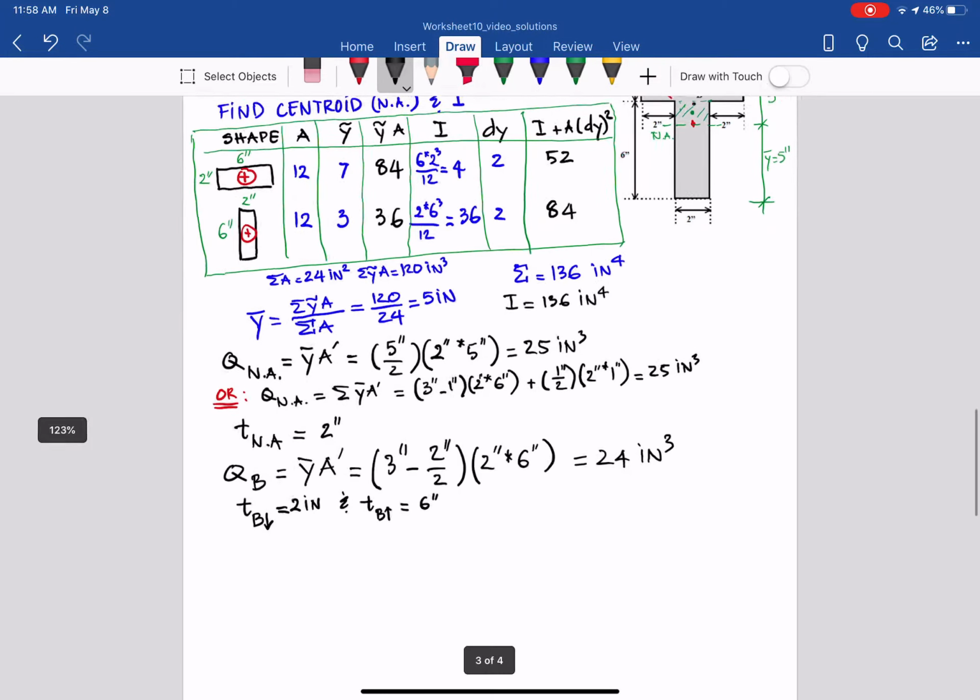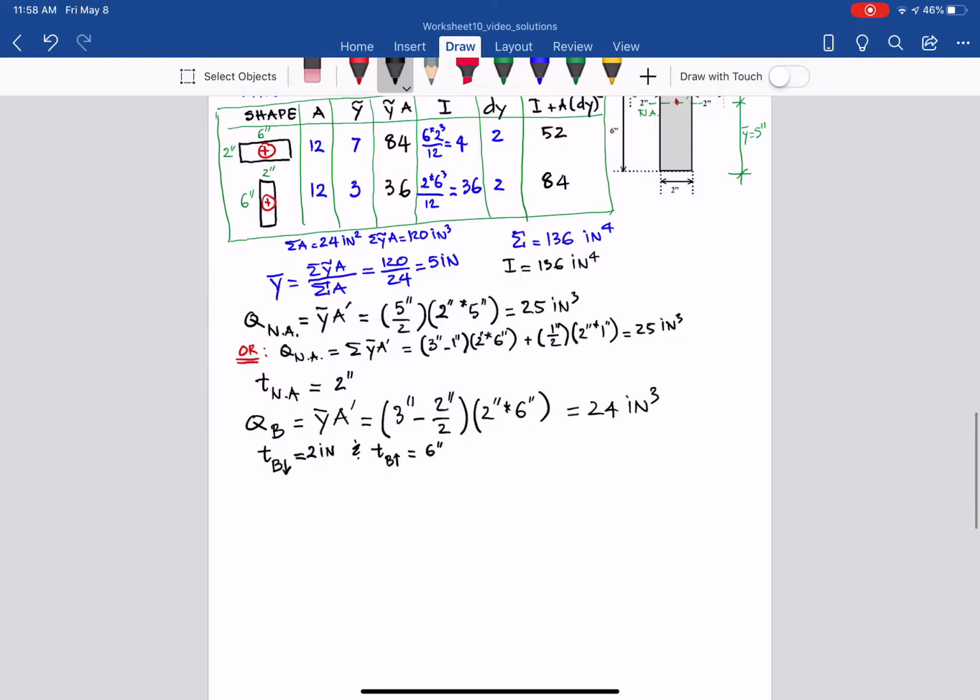So when you have all of that, you can go ahead and find the tau. Tau for the neutral axis is VQ over It.